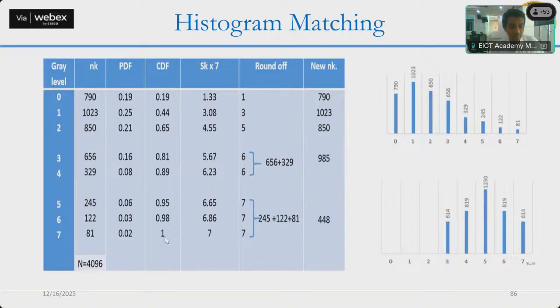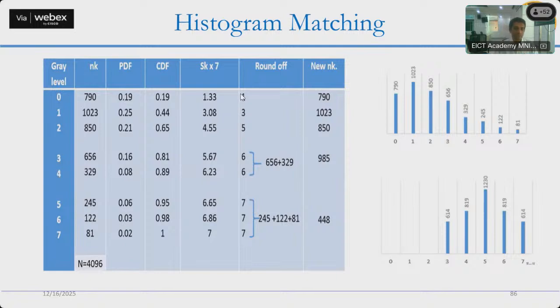We have summed up these values and finally it has reached 1, and then we have multiplied it by the value 7. Basically, we got this CDF value, and when we round it off we get this one, and then the new nk. We are getting this.